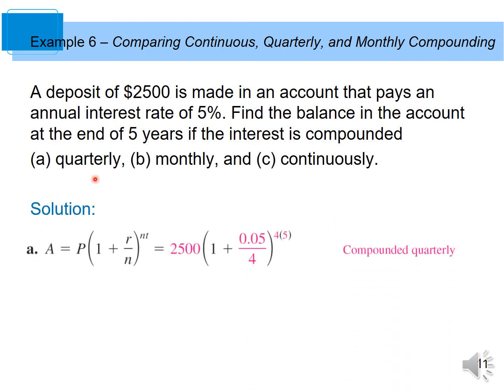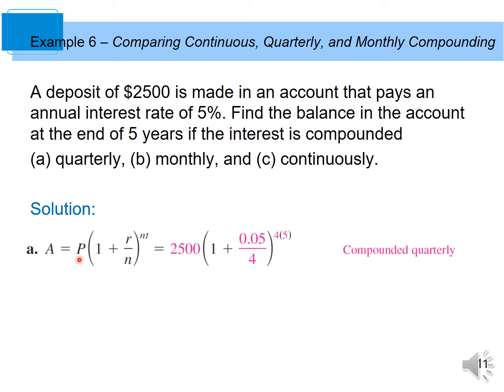For A, we base it on the first formula, because we know how many times the interest should be compounded in a year. Quarterly means 4 times a year.